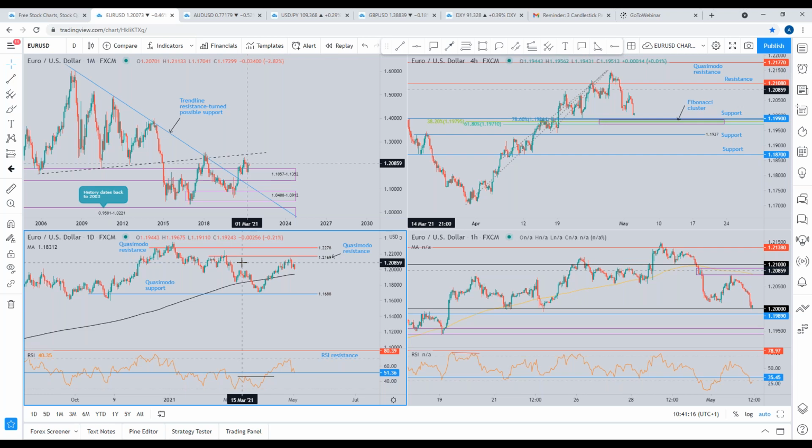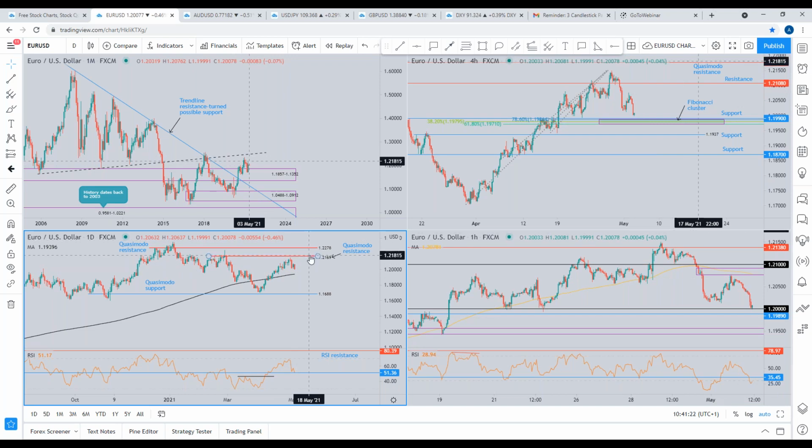So when they're broken, for instance, if we get a strong break up here and we get a retest, they're very, very effective in holding price normally, especially if they converge with other technical confluence like a candlestick configuration.